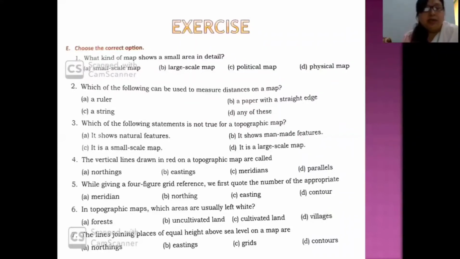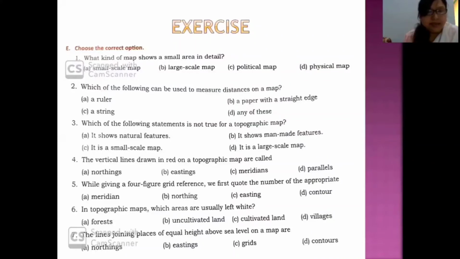Number 4, the vertical lines drawn in red on a topographic map are called, options are northing, easting, Mediterranean, parallels. So the answer is easting.